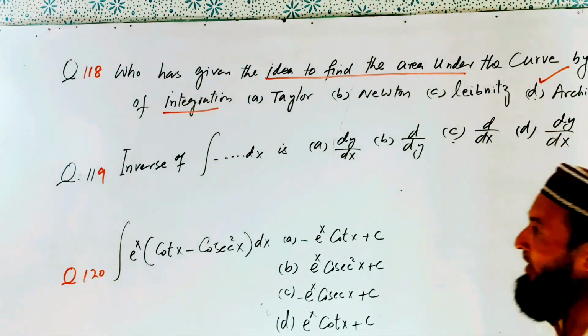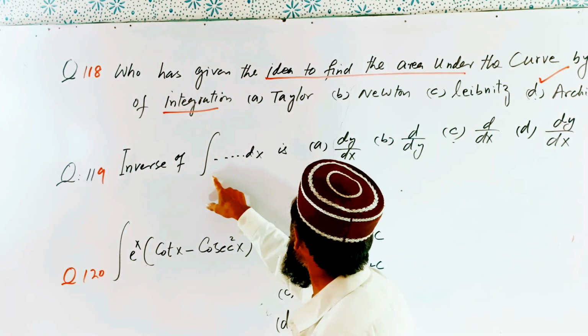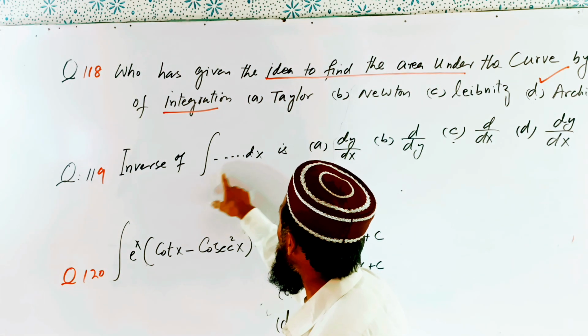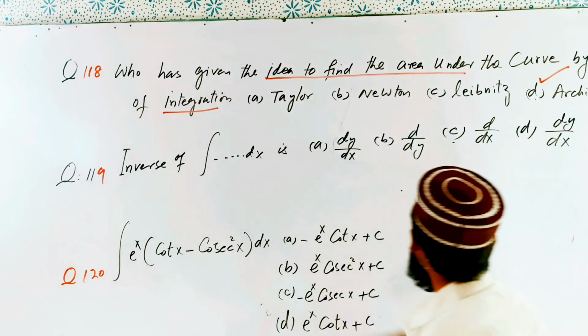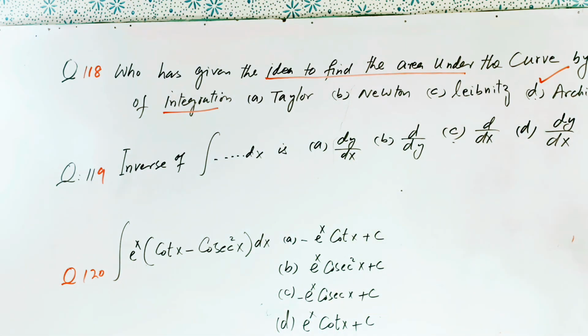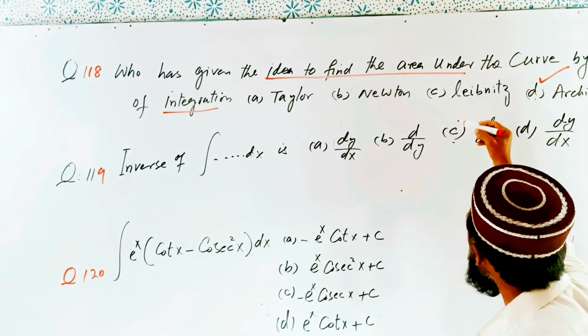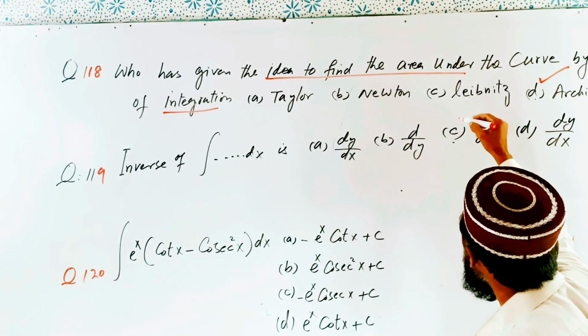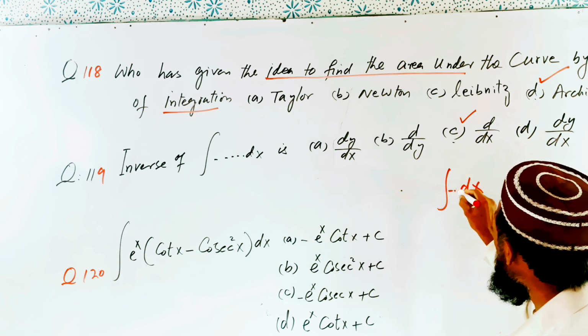Question number 119, inverse of integration. As we know, for the inverse of integration, dx is given and we put 1 over d. So dy by dx is required, because both of integration and dx are here, a function is required.